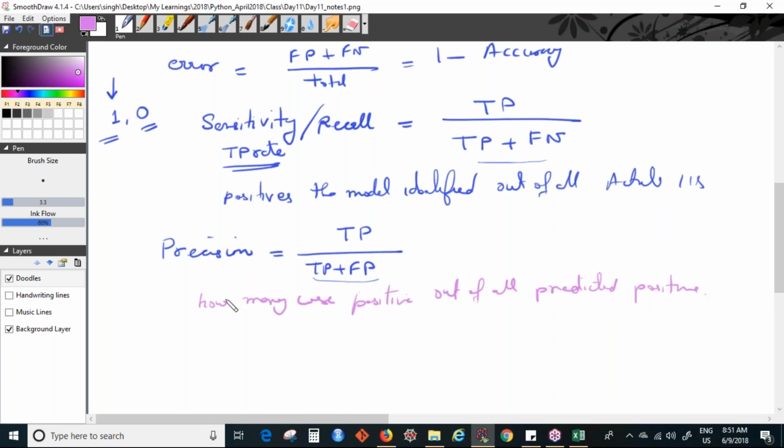Or how many positives did the model identify out of all predicted positives. So the difference is only here: actual positive and predicted positive. That's the only difference between sensitivity and precision. These are the parameters that are used to evaluate a classification model. Is that clear, guys? This is all that we covered last class.